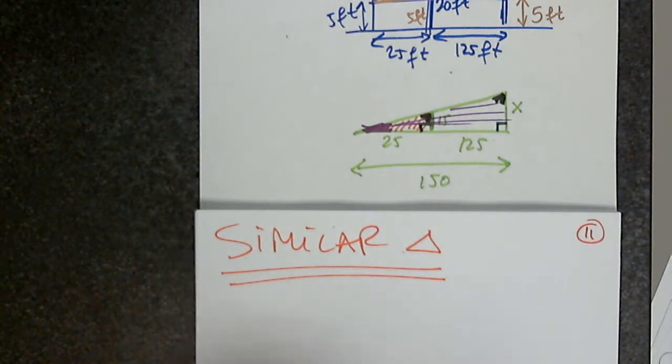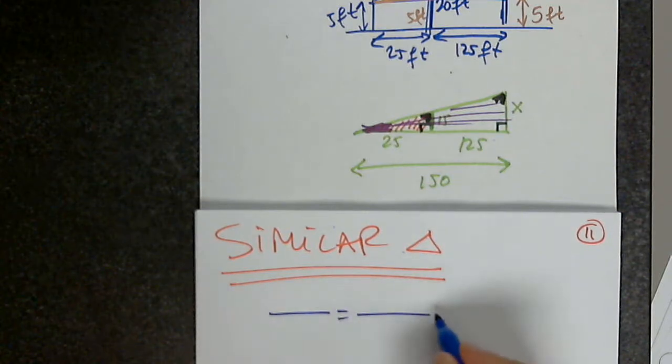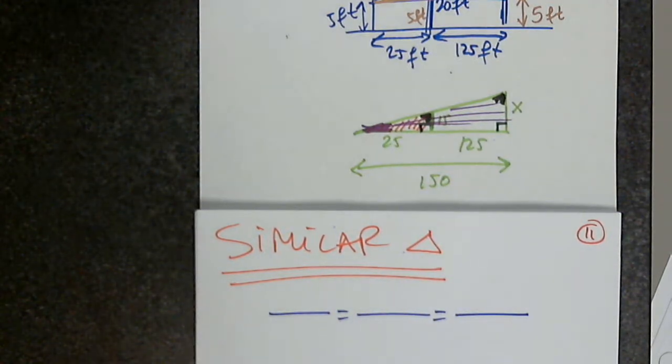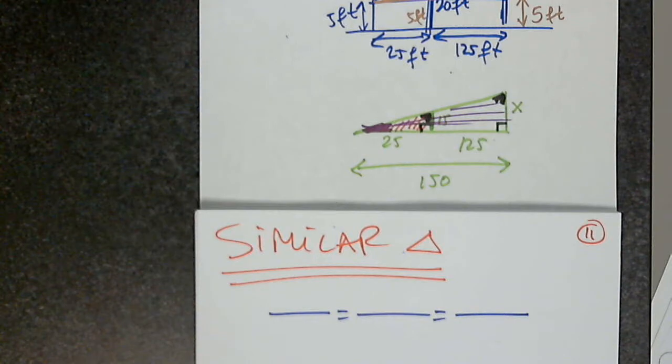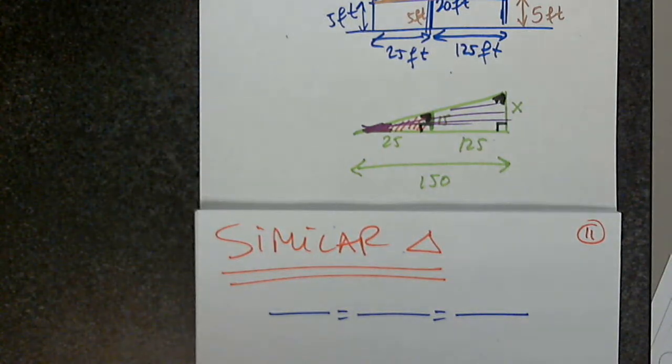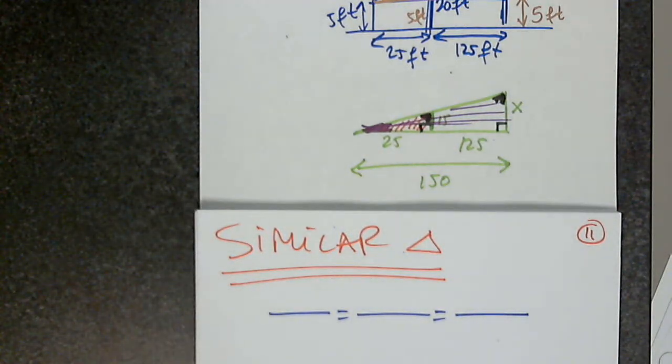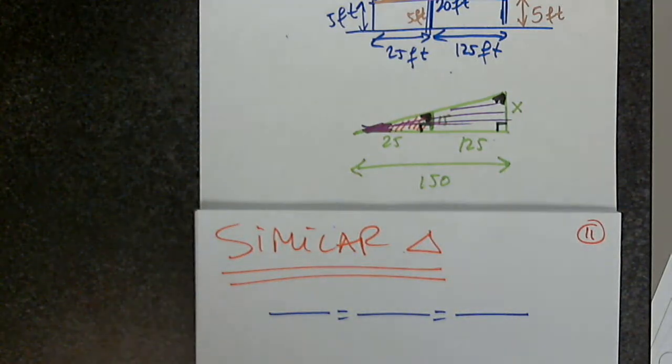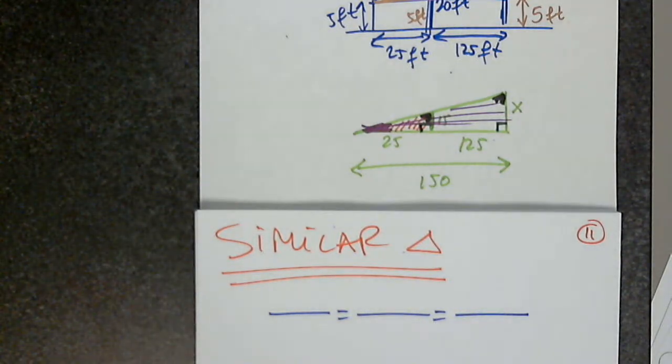So what? Well, here's the trick, or I should say the big deal. Because they have pairs of congruent angles, we can write proportions with their sides, but in a very specific order.